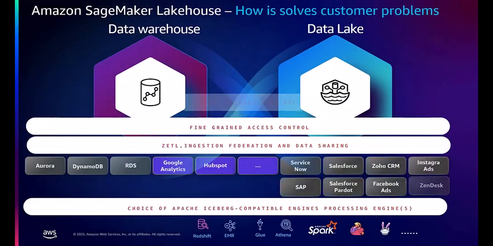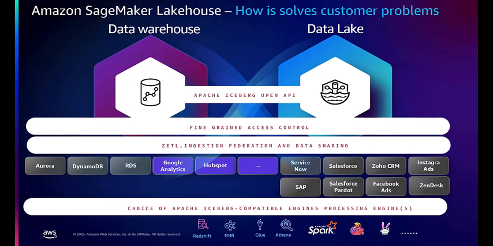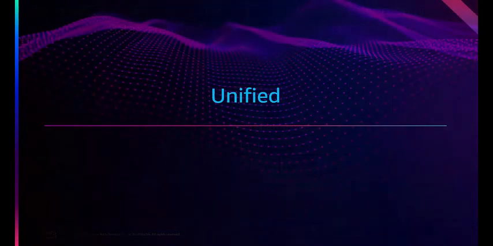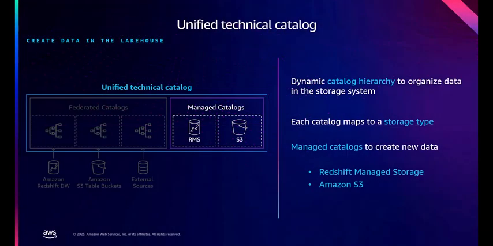Here you can see how customers are solving this on Amazon SageMaker Lakehouse, how the Apache Iceberg open API is bridging the gap, right, between your data warehouse and data lake. Another important feature, we talked about the unified aspect of it.